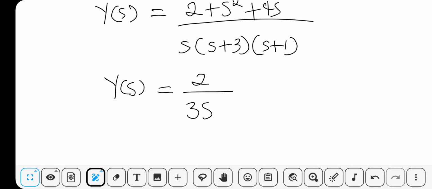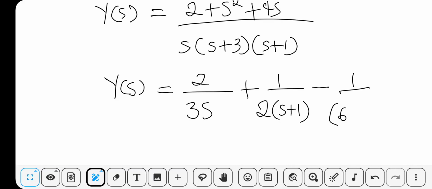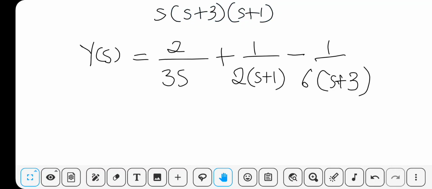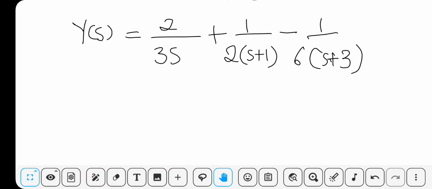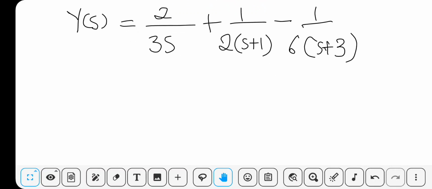2/(3s) plus 1/(2(s plus 1)) minus 1/(6(s plus 3)). So from here now, we can find the inverse Laplace transform. It's very easy now.